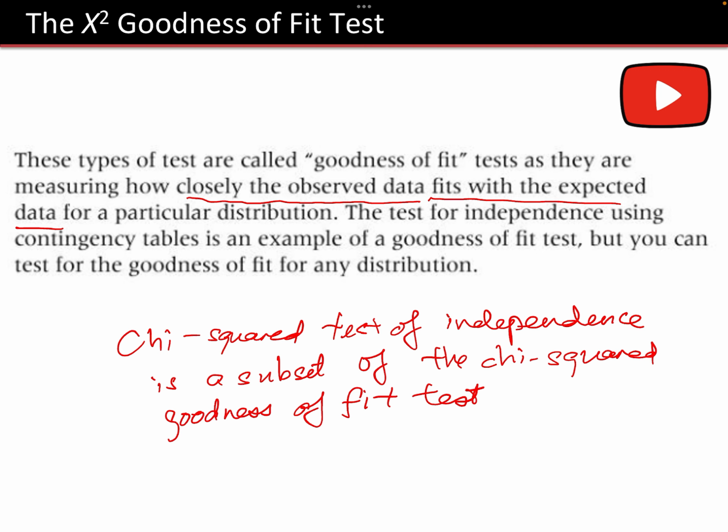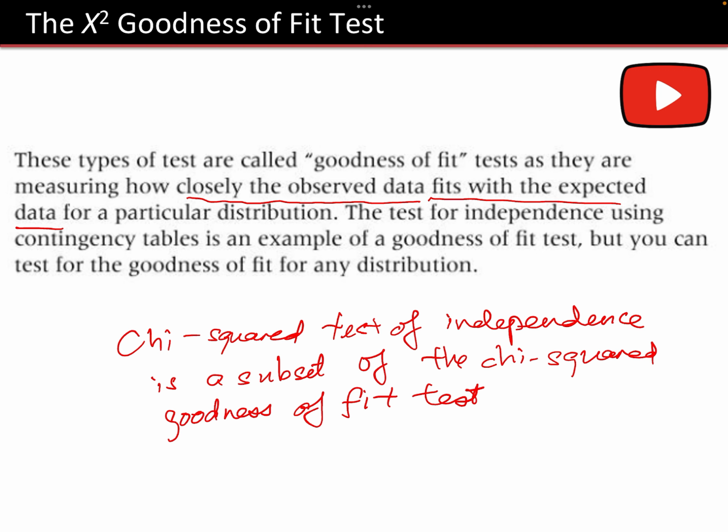So obviously I specifically taught the chi-square test of independence first because I felt it would make a little more sense for you guys. But today we're going to be looking at how the goodness of fit test would generally look, and typically the concepts work quite similarly to the test of independence.